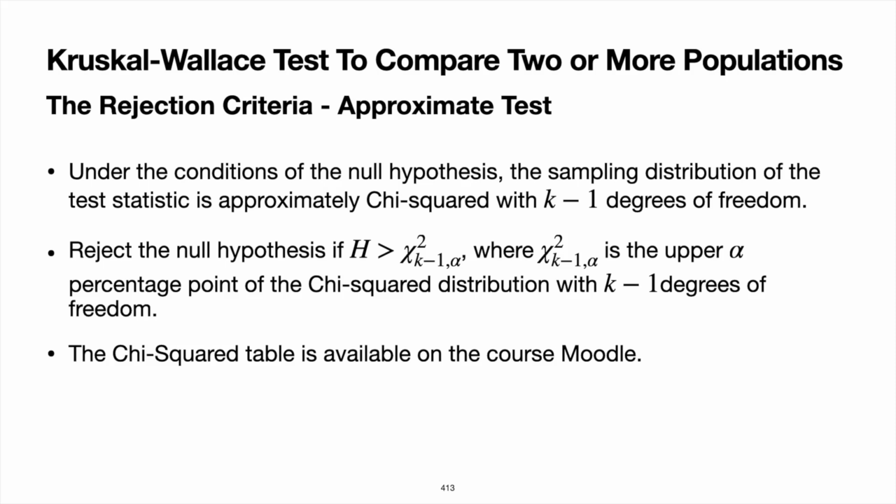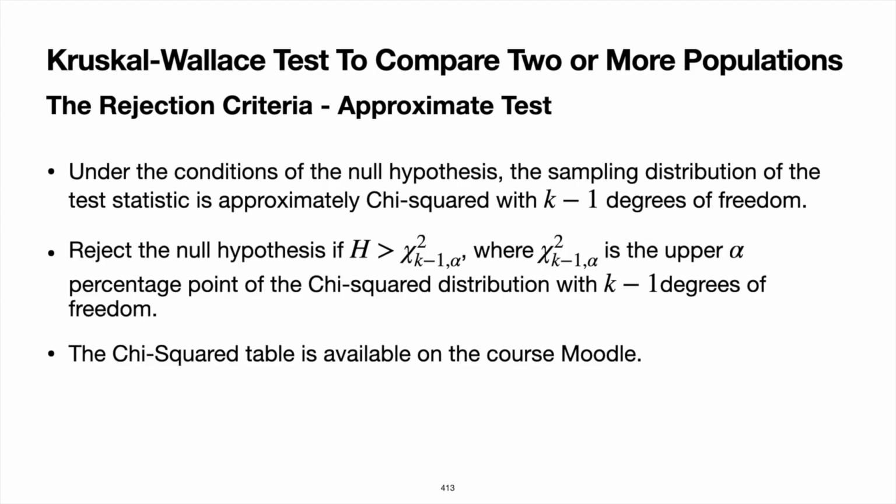If the null hypothesis is true, then the sampling distribution of the test statistic H is approximately chi-squared with k minus 1 degrees of freedom, where k is the number of populations that we're comparing. We reject the null hypothesis for large values of our test statistic H.